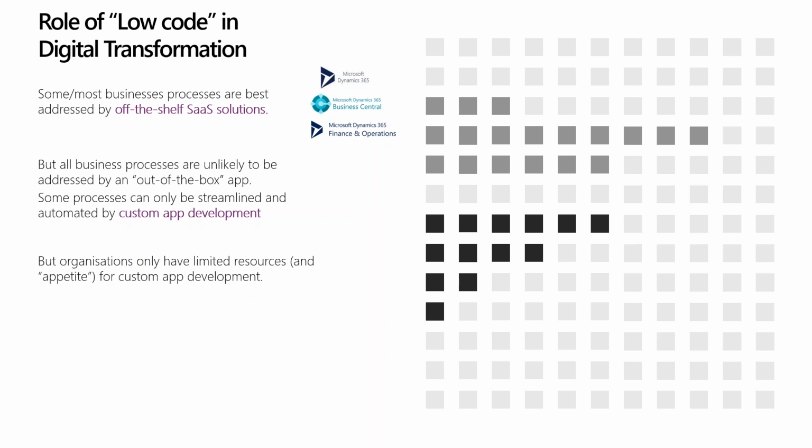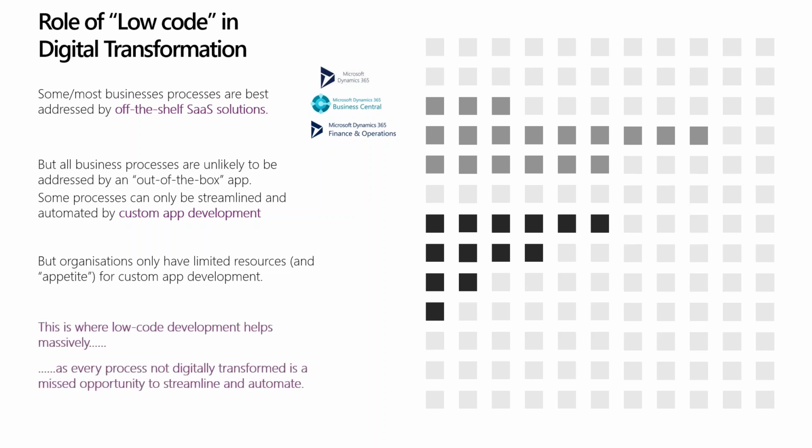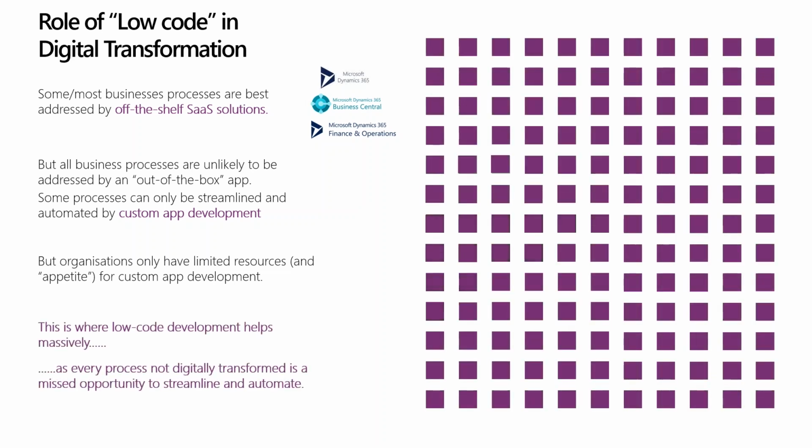Now, organizations, of course, have limited money, limited resources, and sometimes a limited appetite for custom app development, and that's very understandable. But that really is where low-code development comes in and where it helps massively, because every process that is not digitally transformed is a missed opportunity to streamline and automate in the short term, but also to continuously improve in your business.